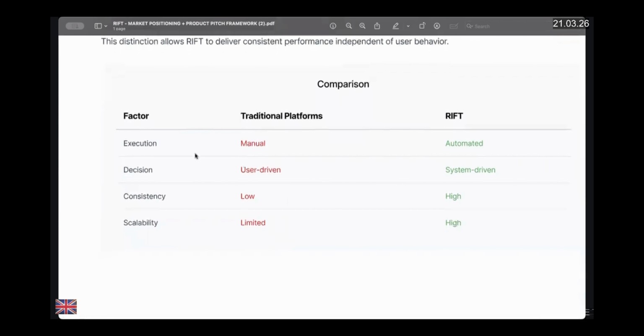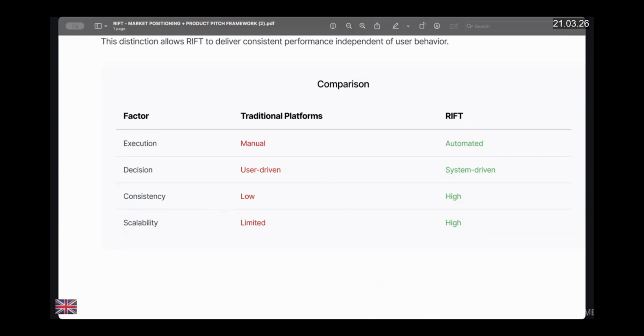And this is a comparison which we have done quite a few times already. How Rift is different from traditional platforms in terms of execution, decision making, consistency, and scalability.